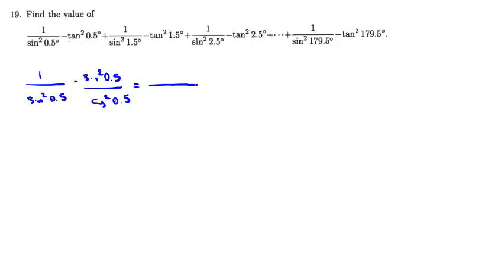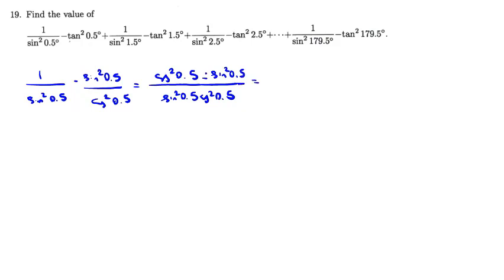Then if I consider the common denominator, I will have sine squared 0.5 cos squared 0.5 in the denominator, and cos squared 0.5 minus sine squared 0.5 in the numerator.